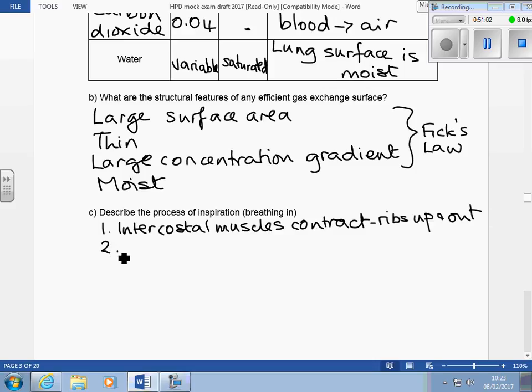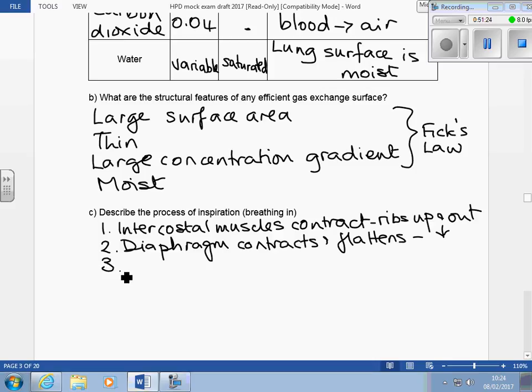Then alongside that, the diaphragm. That's a good way of putting it. It contracts and flattens. So that's a down movement.